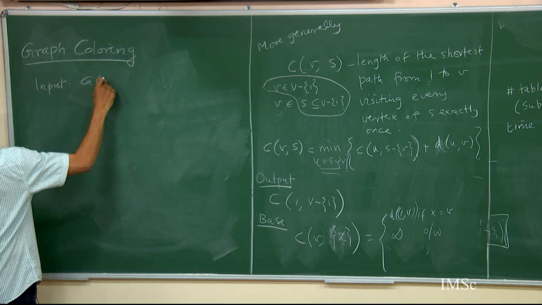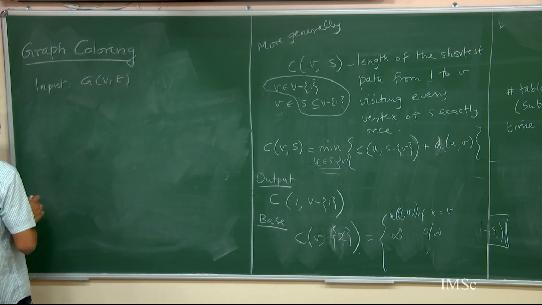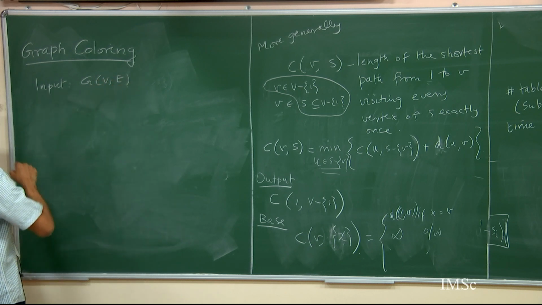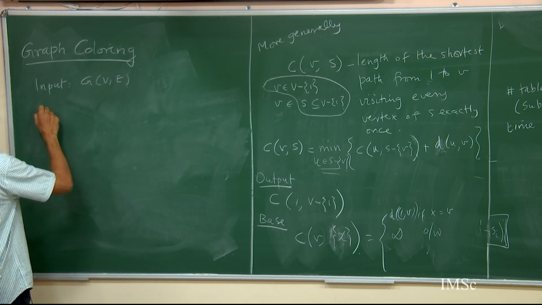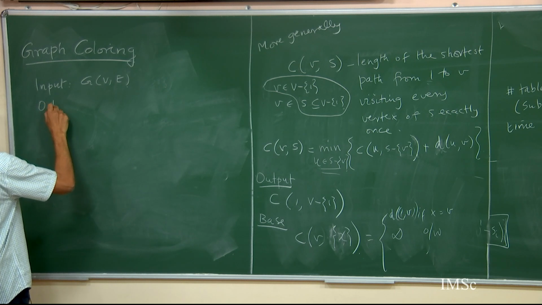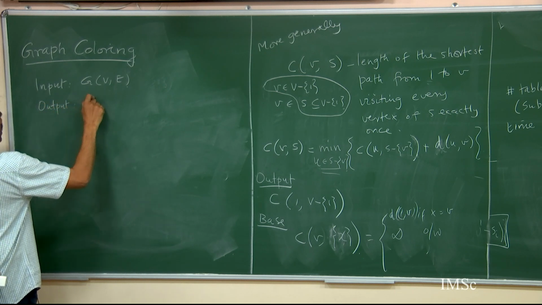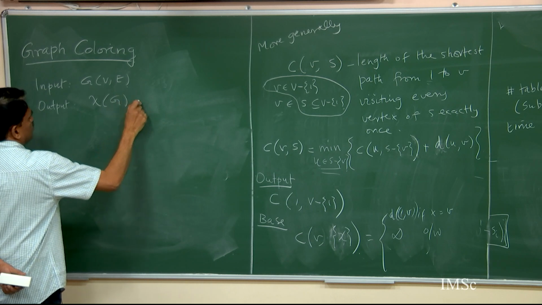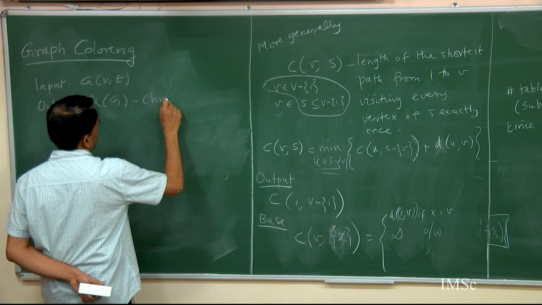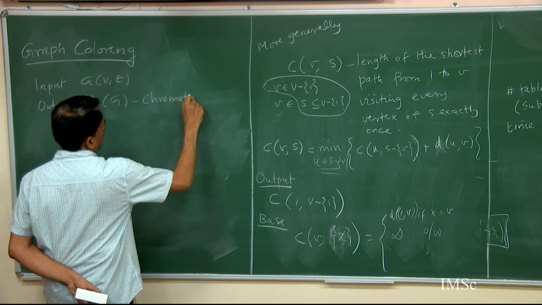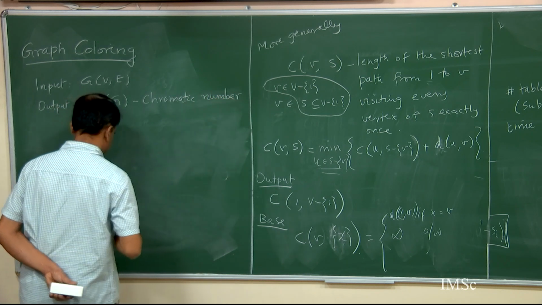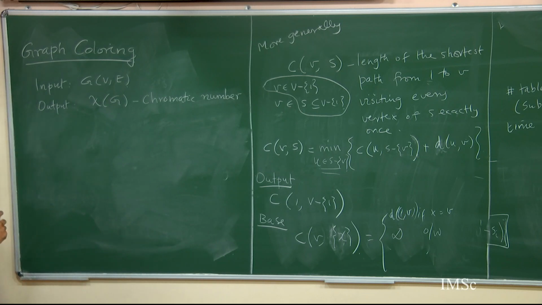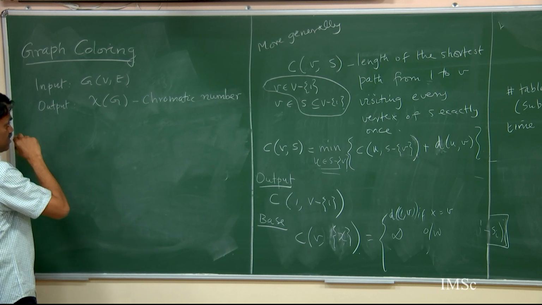So you're given a graph, an undirected graph. And we are interested in the chromatic number of the graph. And what is the chromatic number? You want to color the vertices, right?